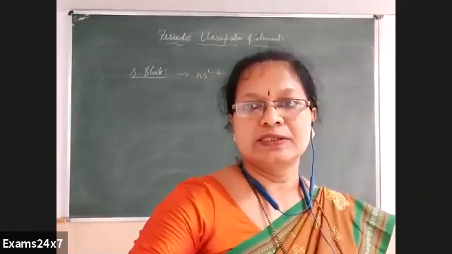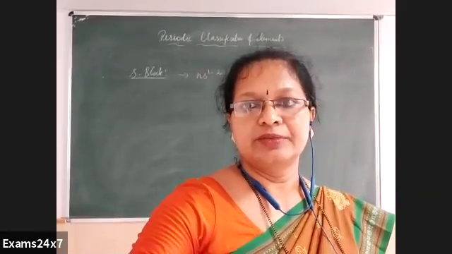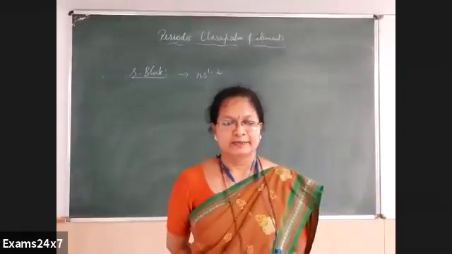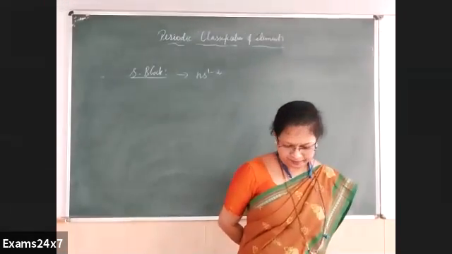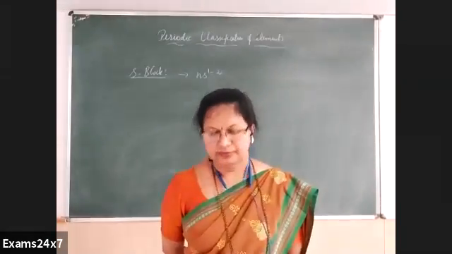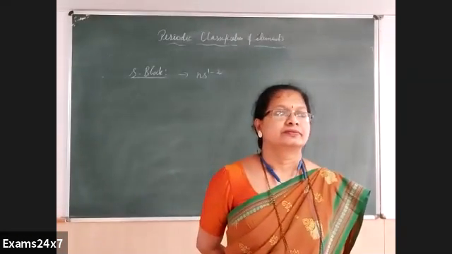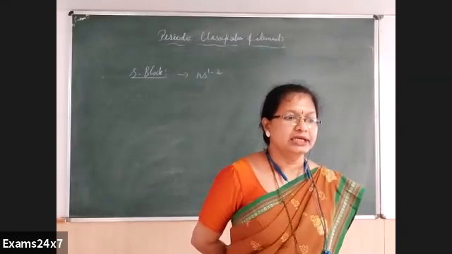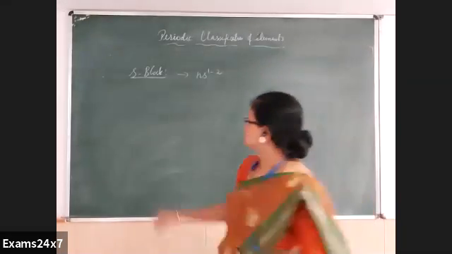Then what else do you understand from the S block? Spandana, can you tell some speciality of S block elements? They are called alkaline metals. Not all. First group elements are called alkali metals.